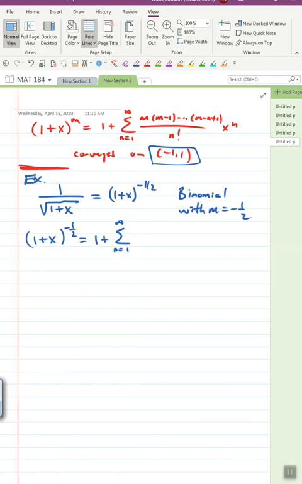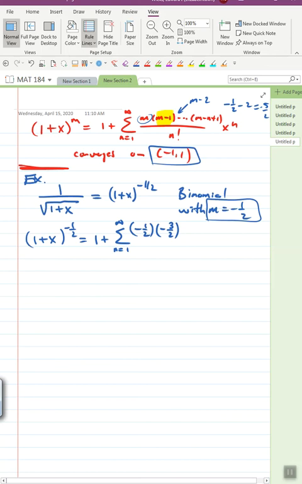Okay, now let's look at our formula here. m is -1/2, so this should be -1/2 times -1/2 minus 1, which would be -3/2. The next one after that would be m minus 2, which would be -1/2 minus 2. That would be -5/2.